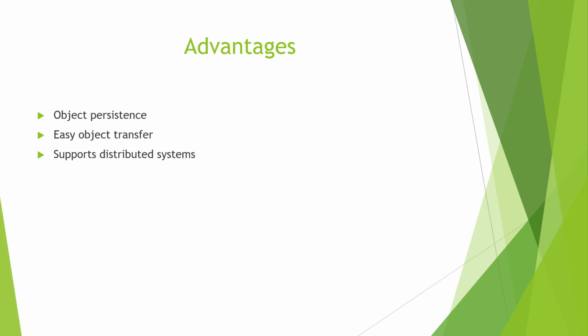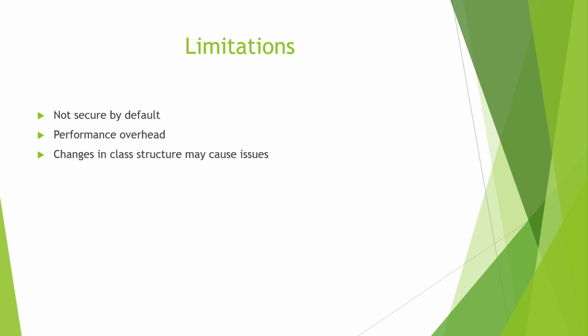So let's see what the advantages are. First is object persistency, which I have already explained throughout the PPT. Next is easy object transfer, that is we can easily transfer any object between different JVMs. After that it supports distributed systems. Now there are certain limitations also in Java.